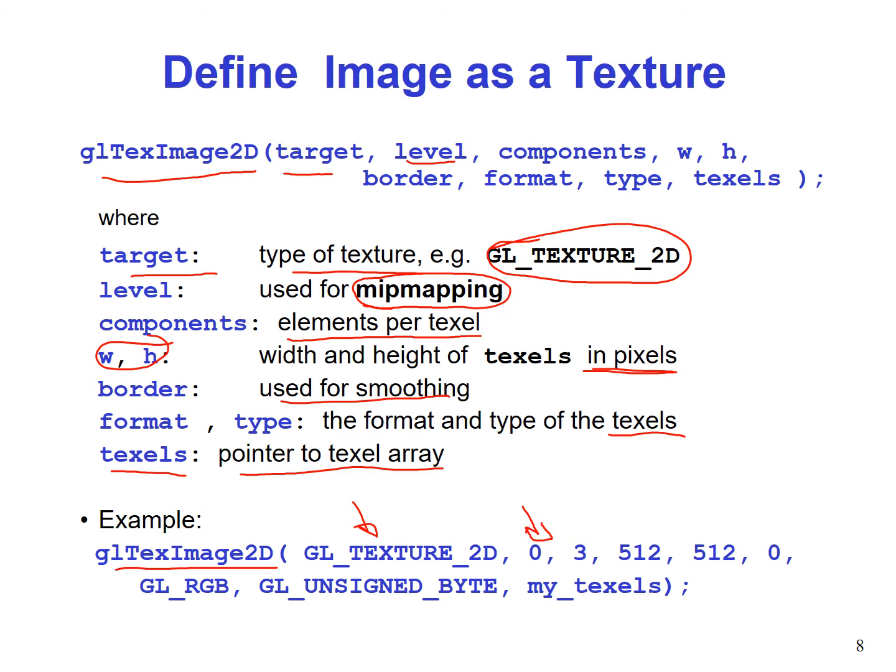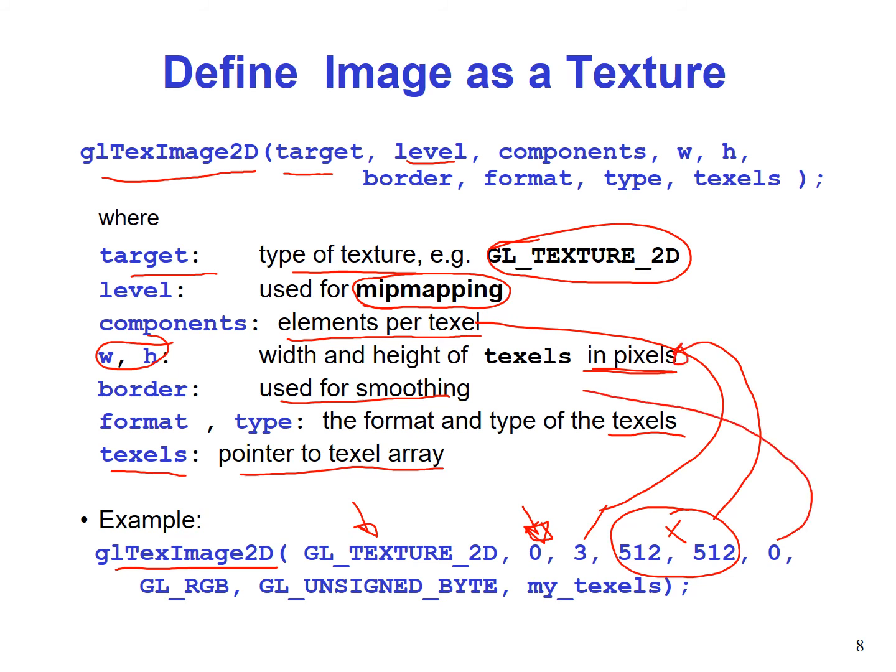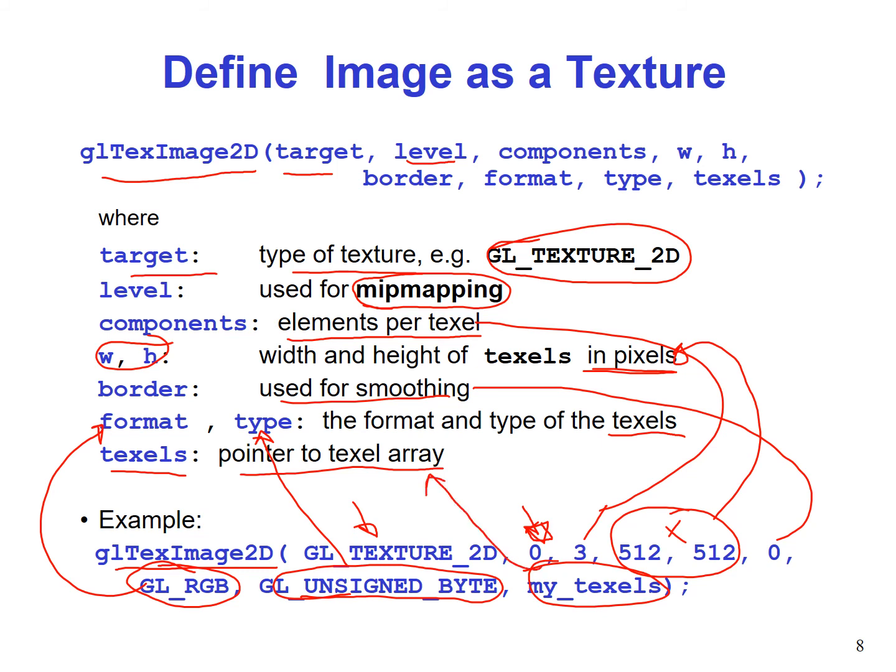We will study this in the next mini lecture. 3 specifies the elements per texel that are used. 512 and 512 is the width and height of the texels in pixel units. 0 specifies the smoothing, and we are using RGB format of the image and using the type unsigned byte to store these values. And myTexels is the actual pointer to the texel array where the values are stored.